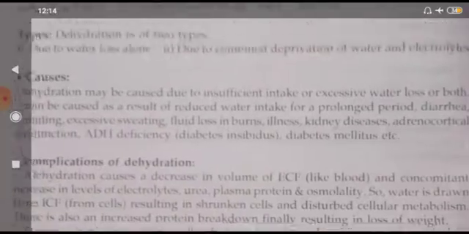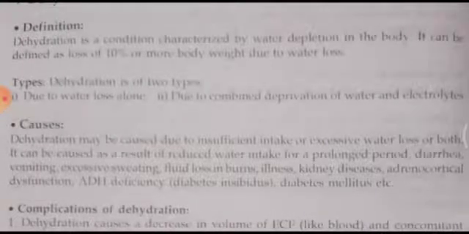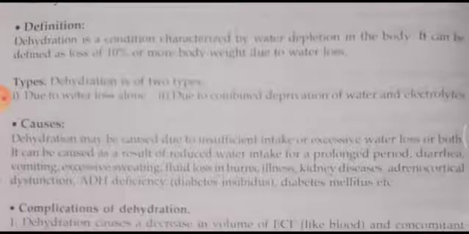Next is dehydration. Dehydration is the second part of water imbalance. Dehydration is a condition characterized by water depletion in the body. It can be defined as loss of more than 10% of the body weight of water. And there are two types of dehydration.